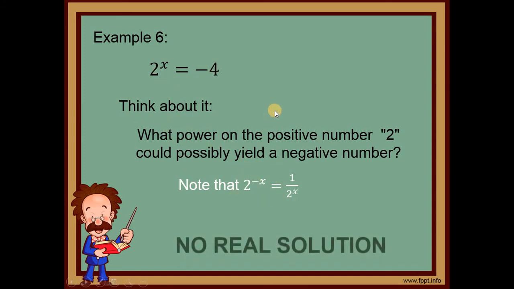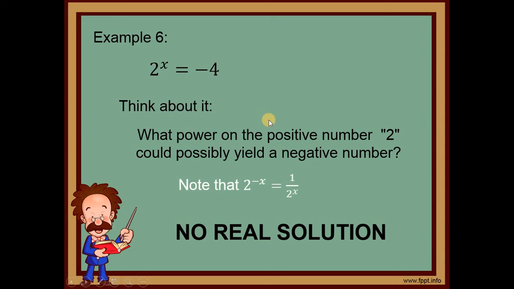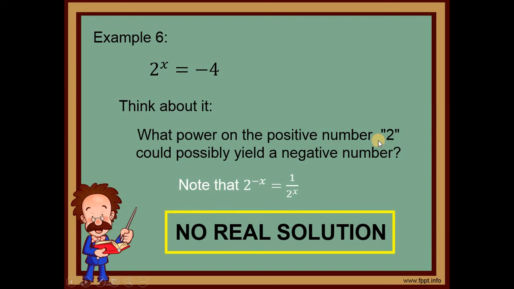So, ano ibig sabihin nun? Wala tayong real solution. Kasi kahit anong mangyari, hindi tayo aabot ng negative 4. Okay? So, kahit anong exponent ng 2, hindi yan magiging negative 4. Okay? So, our answer here is no real solution.